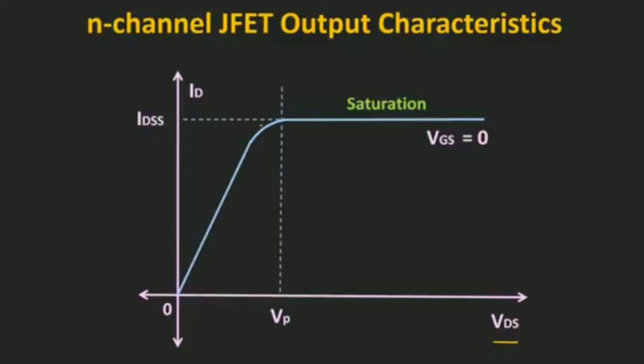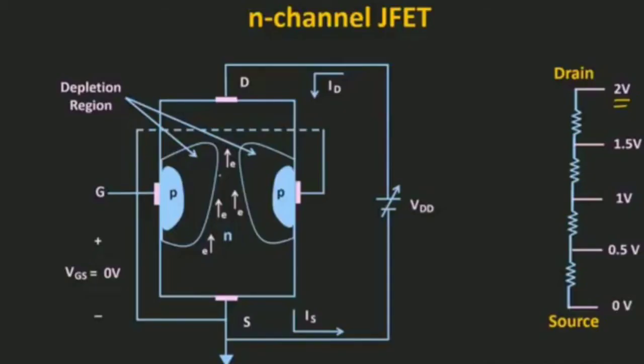Due to this negative voltage, the depletion region will get created across this PN junction. And as we go on increasing the voltage between the drain and the source, the width of the depletion region will go on increasing. But now the pinch-off voltage, or saturation of drain current, will be reached at a lower voltage of VDS, because due to this negative voltage of VGS, the PN junction is already reverse biased.